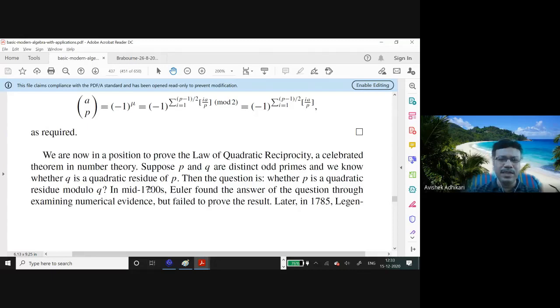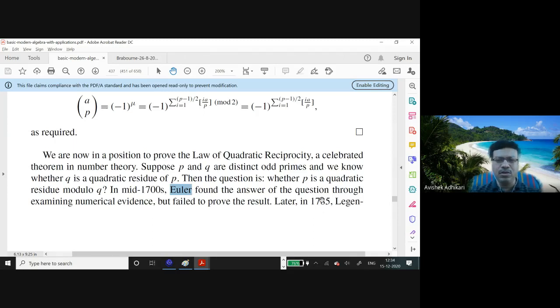It was basically the mid 1700s. Euler, for the first time, found some numerical evidence that showed the correctness of the law of quadratic reciprocity. But unfortunately, Euler failed to prove this.